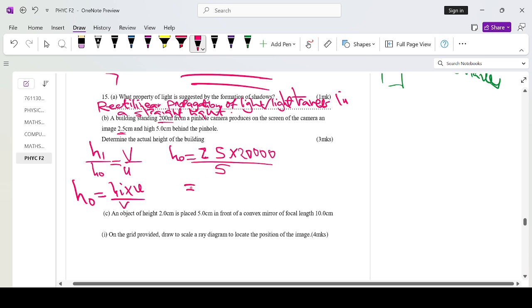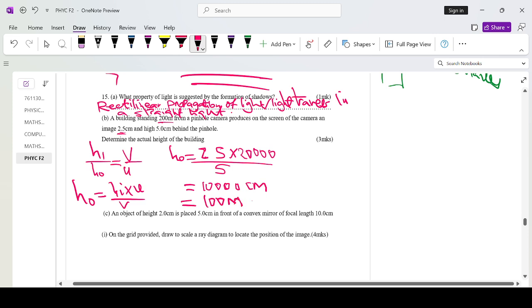When you work it out, learners, you're going to get 10,000 centimeters, or someone else can talk of it as 100 meters. So that's what you have to do there.